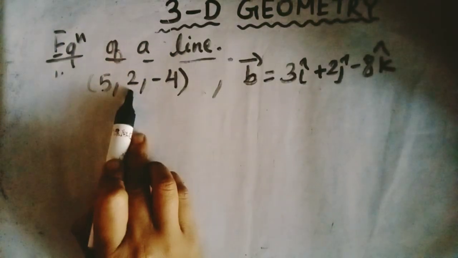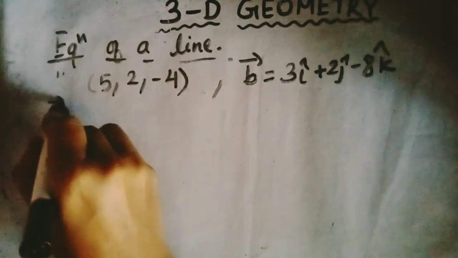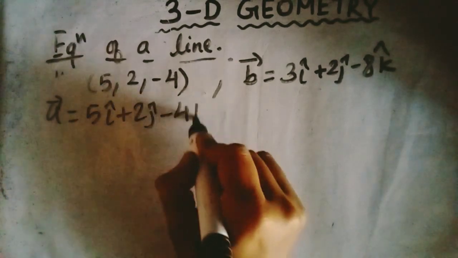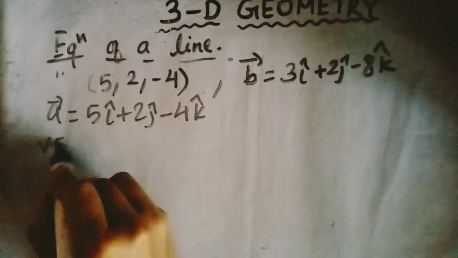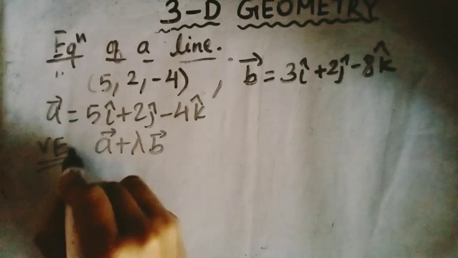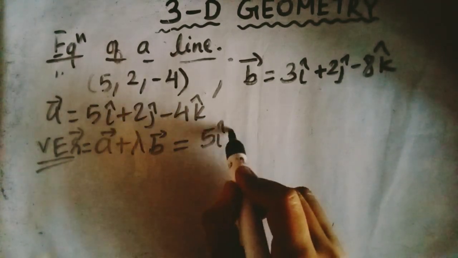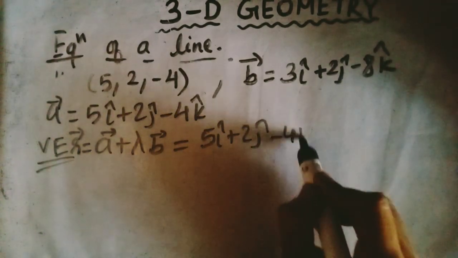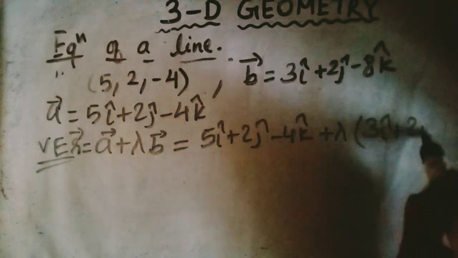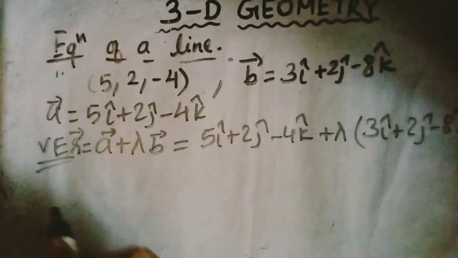The point is given, which means this becomes your A vector, so A vector is 5i plus 2j minus 4k. So the vector equation is r equal to a plus lambda b, that is 5i plus 2j minus 4k plus lambda (3i plus 2j minus 8k). So this is your vector equation.